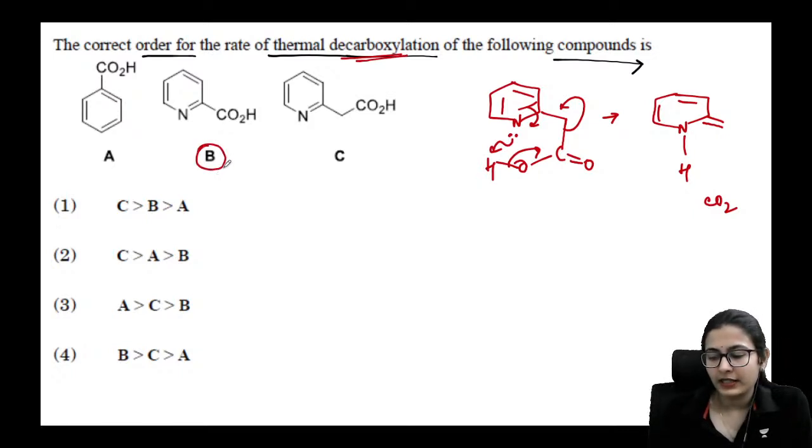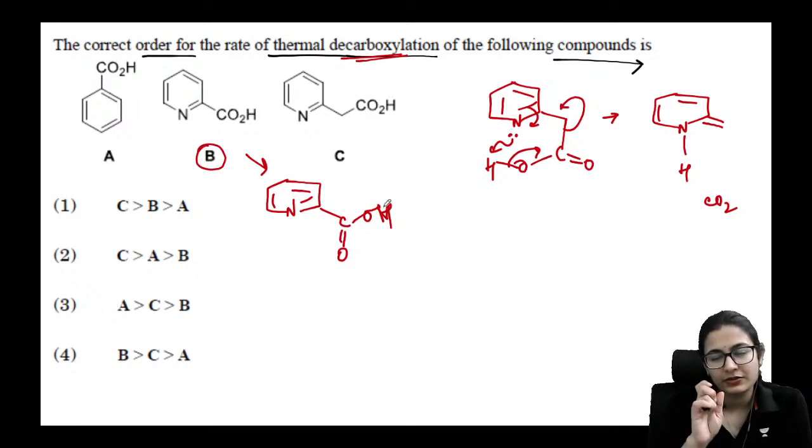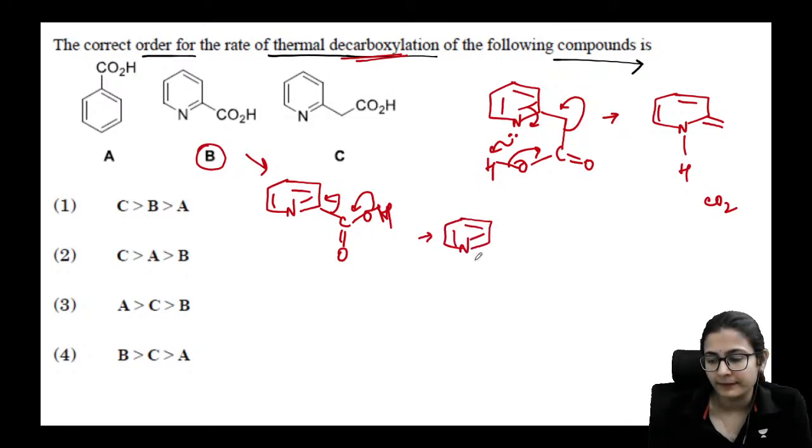Why, guys? What is happening here? In option number B, when you are doing the decarboxylation, nitrogen is not able to help and grab this proton because there will be a little bit of strain. Even if you want to write the hydrogen over here, there will be a little bit of strain when the nitrogen gets this proton, but it is more stable than A because of the minus I effect, isn't it?